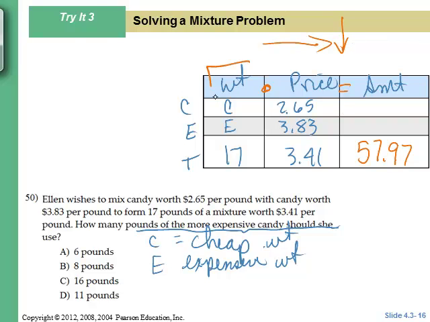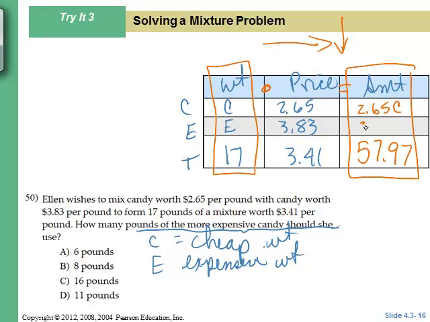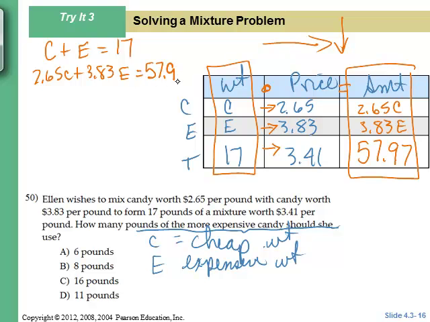Notice in these charts, you're always going to have some kind of an across business going. And also in this case, we have two up and downs going. This would be 2.65C, 3.83E, because we went across this way. So our two equations are C plus E equals 17. 2.65C plus 3.83E equals 57.97.